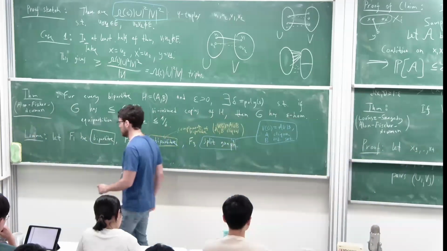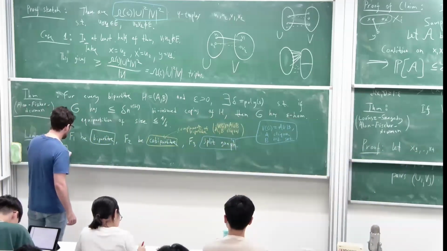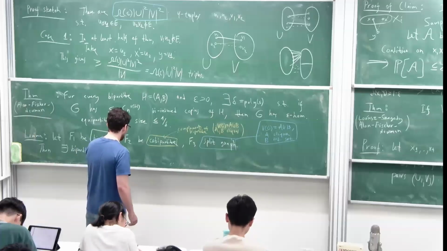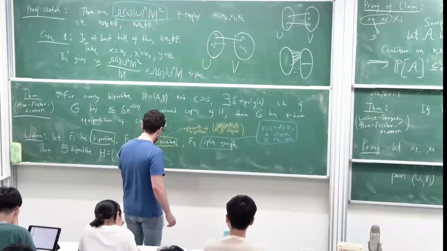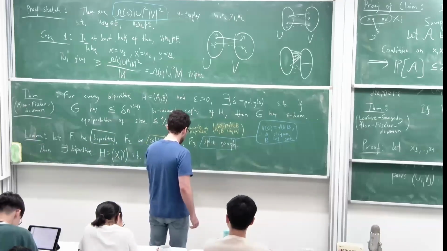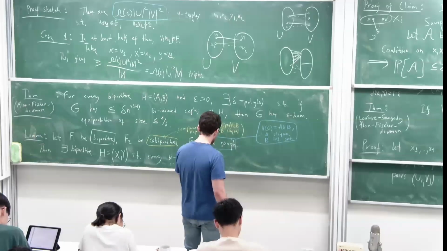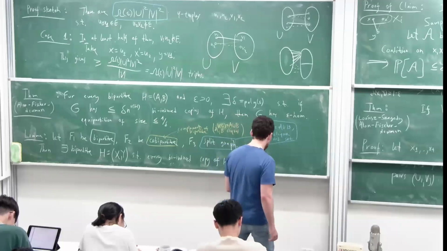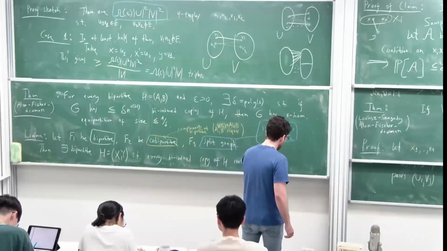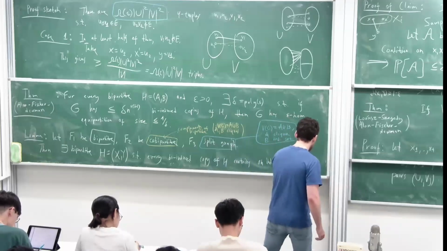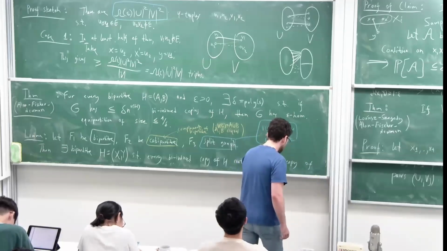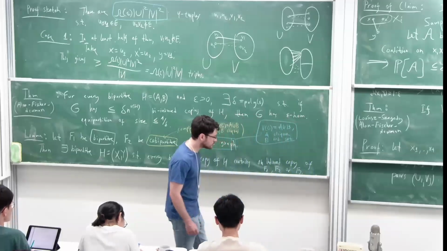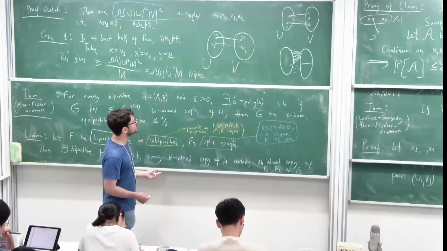Then there exists a bipartite H, say with sides X and Y, such that every bi-induced copy of H contains an induced copy of F1 or F2 or F3. So let me explain what this means and we'll prove it.